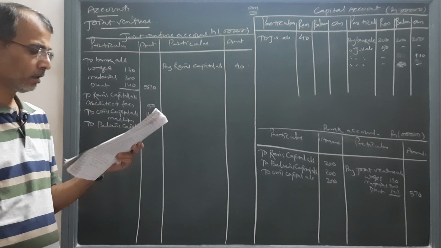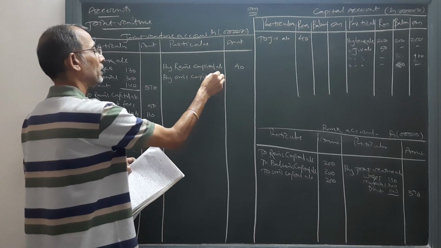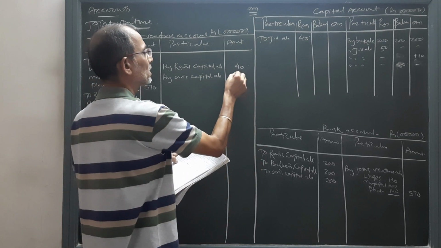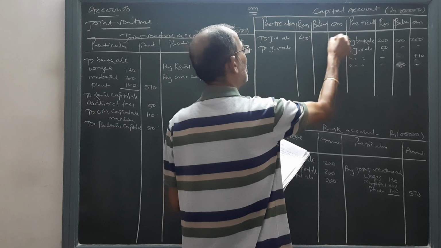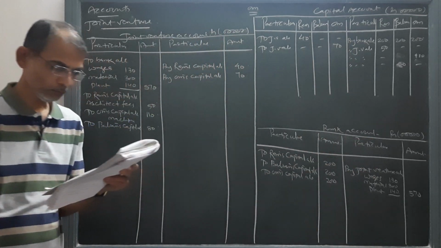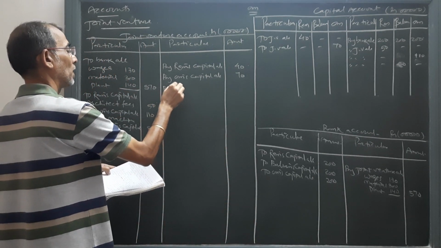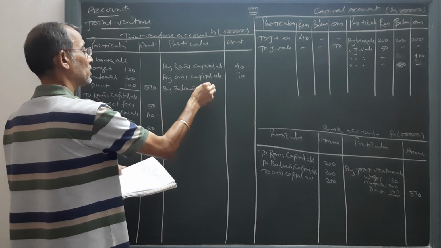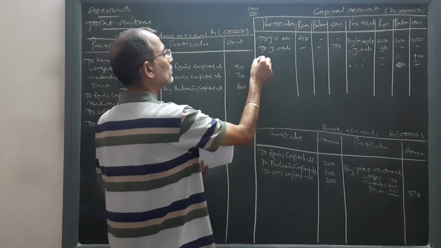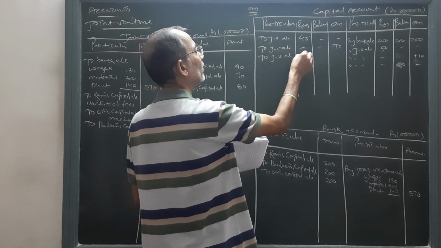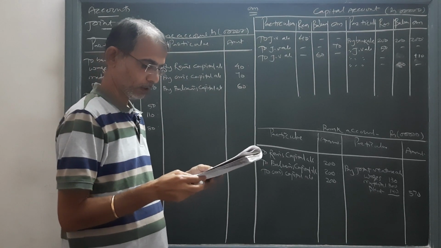Om took machines at 70 lakh, by Om's capital account 70 to joint venture account, while Balram took vehicles at 60 lakh, by Balram's capital account 60 to joint venture account, on the debit side of the capital account in Balram's account.